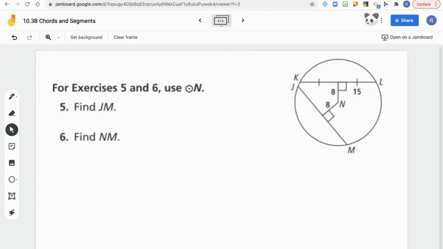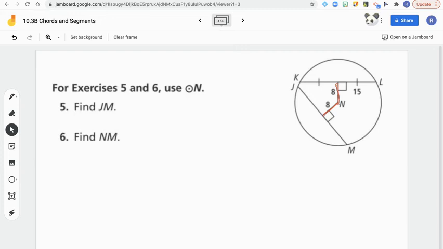Let's look at one more together. So we have a circle. We know that this length here is 8, and this length is 8. Remember that if they are the same distance, then the chords are the same length. The other thing we know is that if this line hits the chord perpendicularly, it's always bisected.